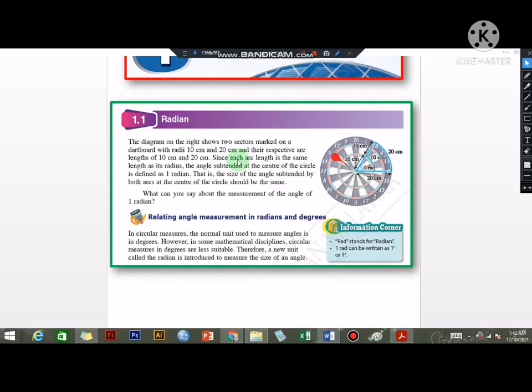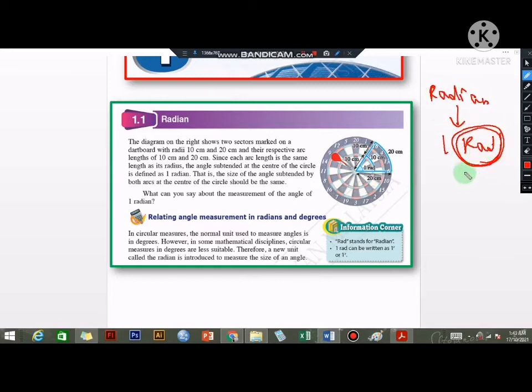Okay, class. Before we proceed with our next subtopic, which is subtopic 1.2, let's look at this one. Why? Before this, you learned angle was in unit degree, right? But in maths, you learn that angle can also be in unit radian. The symbol is rad. If you look at this rad after this, this one represents radian.